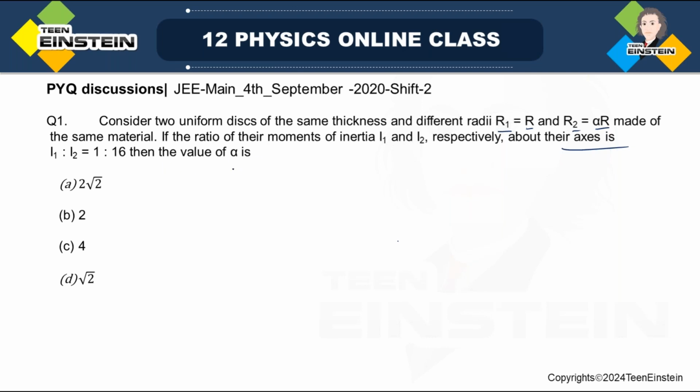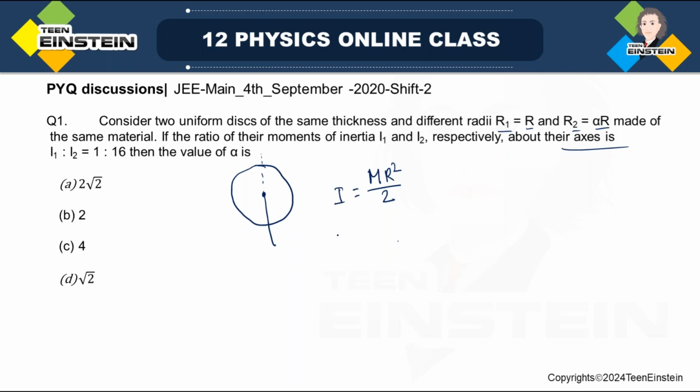So look, for a disk, moment of inertia about its own axis, meaning the axis passing through the center of mass of the disk and perpendicular to the plane of the disk, is MR square by 2.